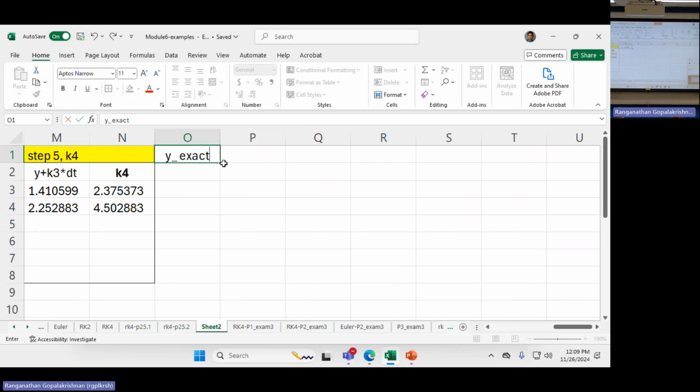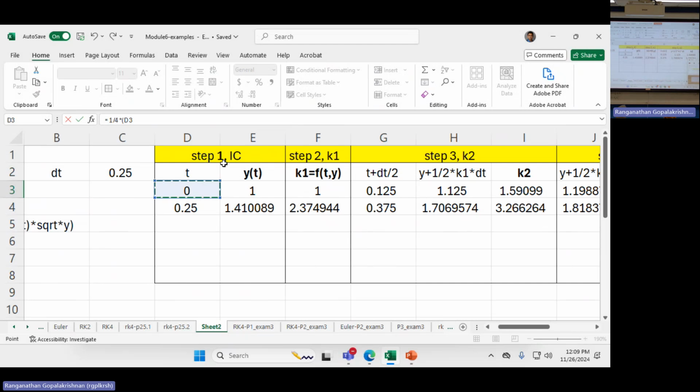Y exact is right here. 1/4 times t, whatever time is, plus 2 times t squared. No, wait, messing this up. 2t squared, the whole squared.